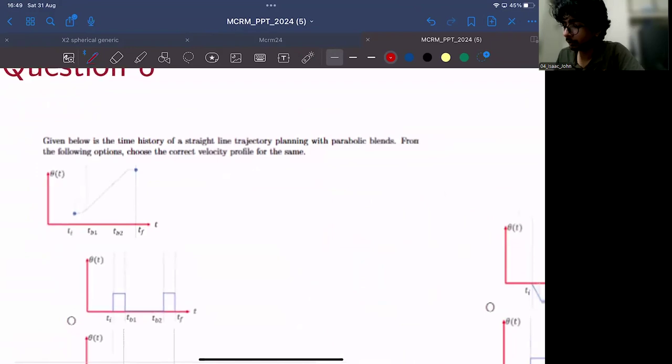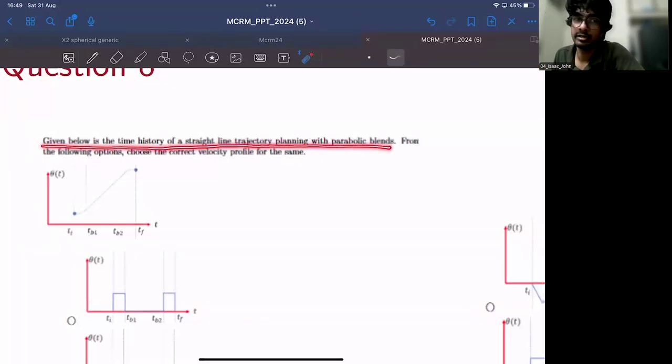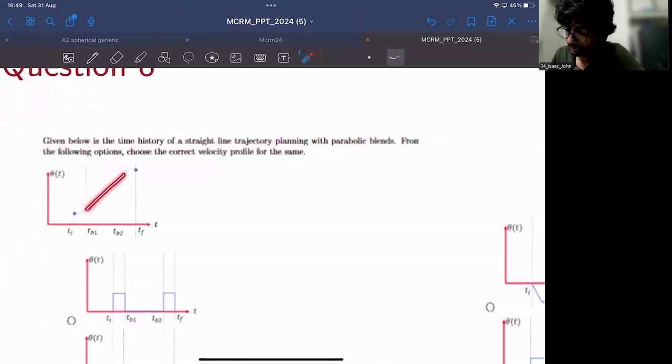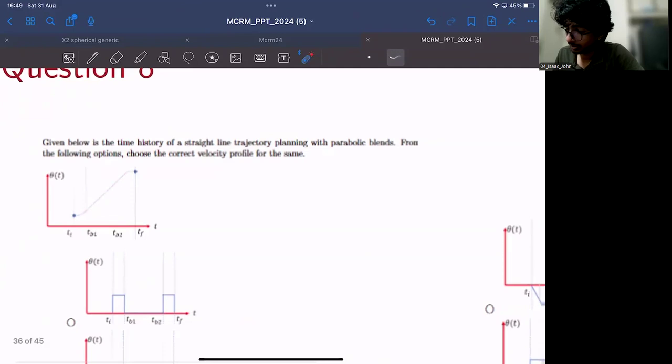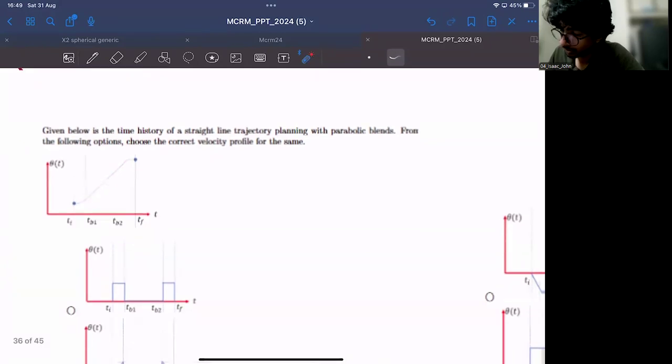If it is not, I'll read out the following question. Given below is the time trajectory of a straight line planning with parabolic blends. So here it is straight line, and at the ends you have these parabolic blends. From the following options, choose the correct velocity profile for the same. If it is not clear enough, I can try to make it clearer.